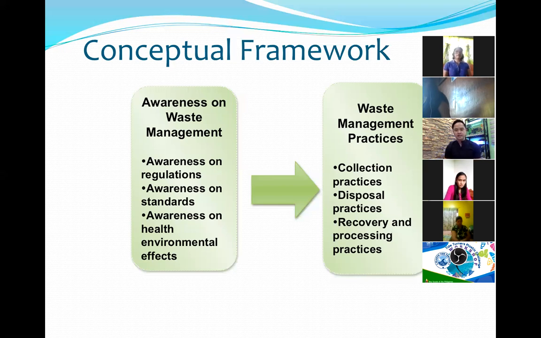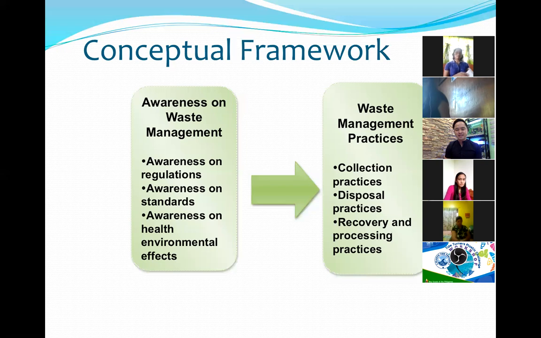Example, pwede mo sabihin na Figure 1 presents the conceptual model that will be used in assessing the influence of awareness on waste management practices.